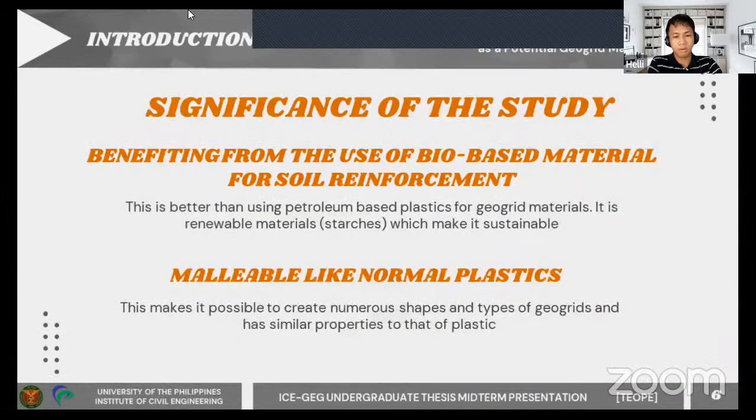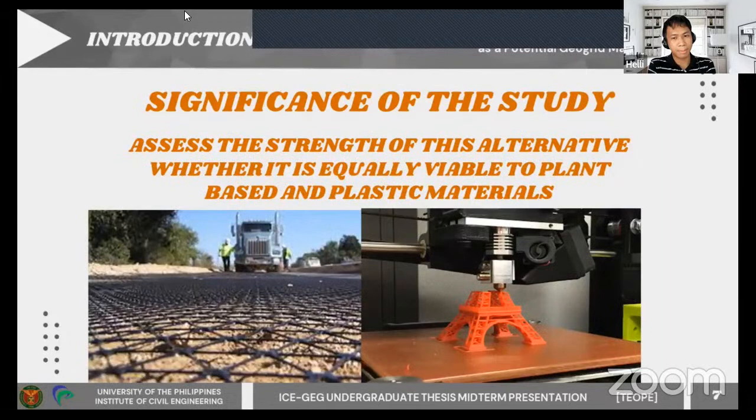As stated, most geogrids are made of petroleum-based plastics like polyethylene and polypropylene. This research aims to provide an alternative, polylactic acid, which is a renewable material, making it more sustainable. It also aims to analyze the strength of this material and assess whether it is equally viable to that of the petroleum-based plastics used for geogrids today.